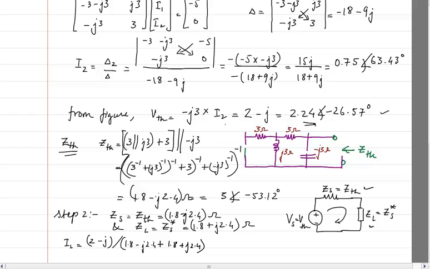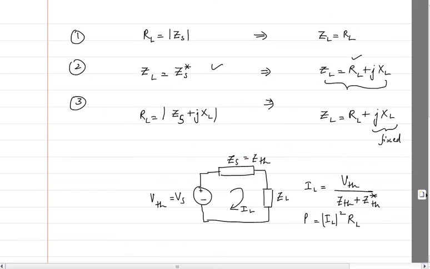Okay, so I have to take the magnitude of that. See what will happen here: the j2.4 and minus j2.4 will cancel off, and we'll have only 1.8 and 1.8 left here. Clear? Now again it's IL square, so I have to write one more thing here: the magnitude of IL square.